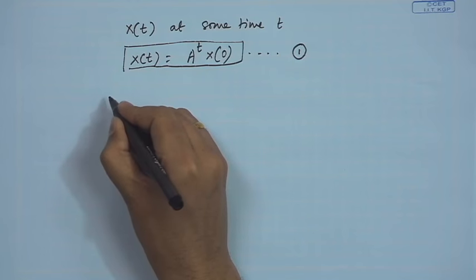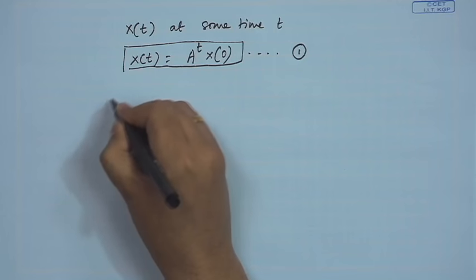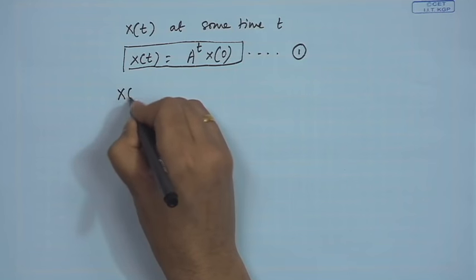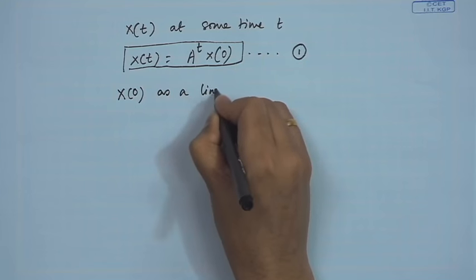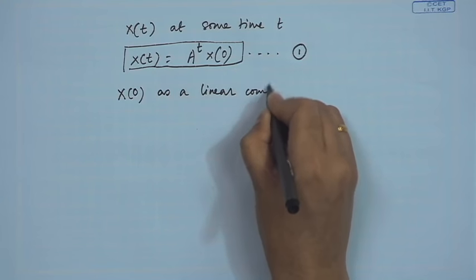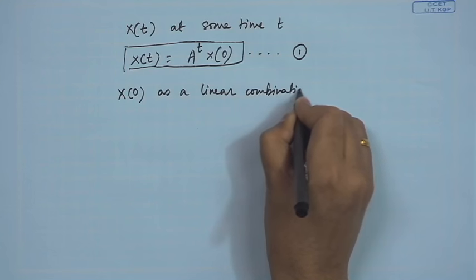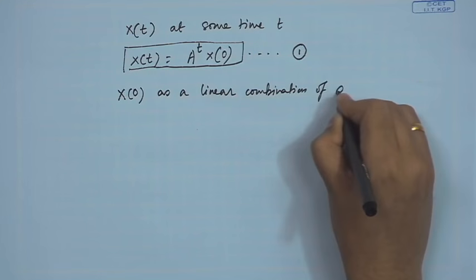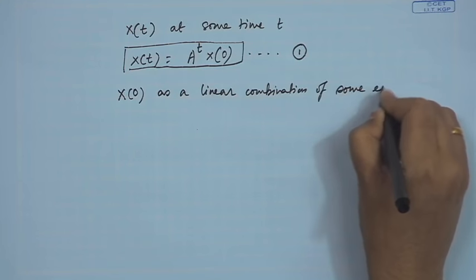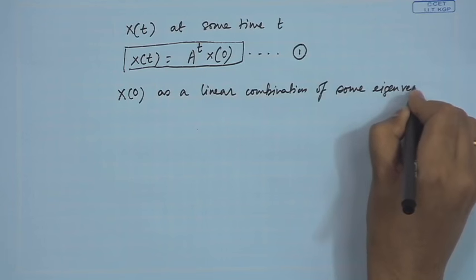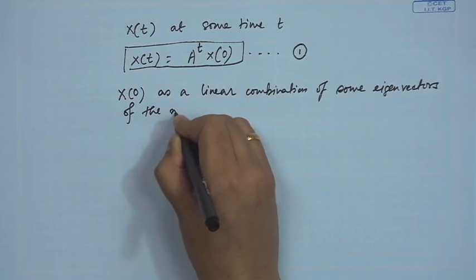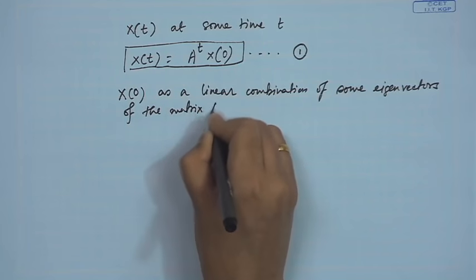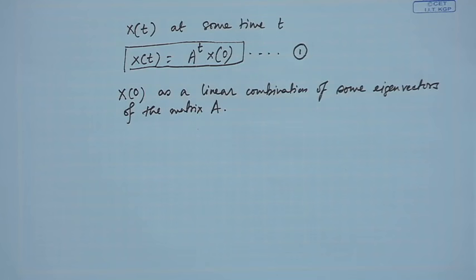Now, what we have further said is that let us express x 0 as a linear combination of some eigenvectors of the matrix A, the adjacency matrix A.